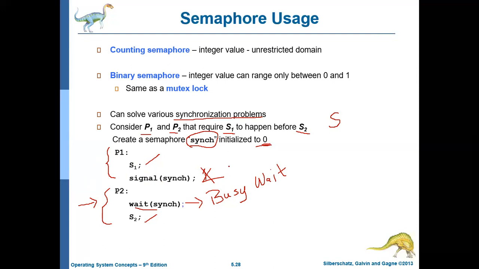When it calls signal, sync will be incremented to 1. The moment sync is incremented to 1, P2 will come out of busy wait and then execute S2. Like this, a semaphore can also be used to solve other synchronization problems.